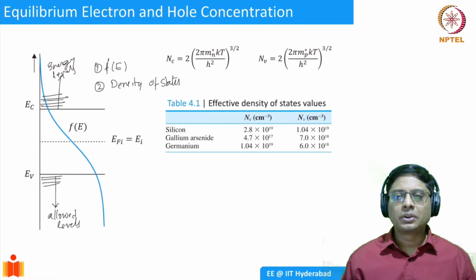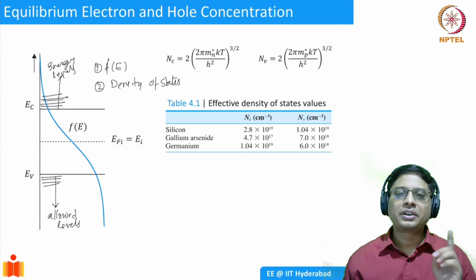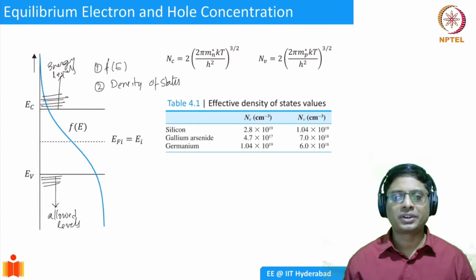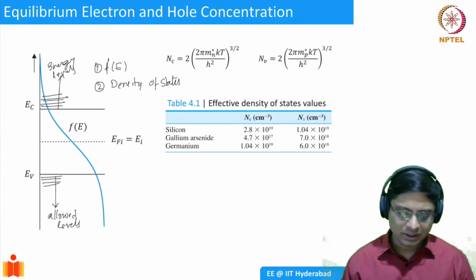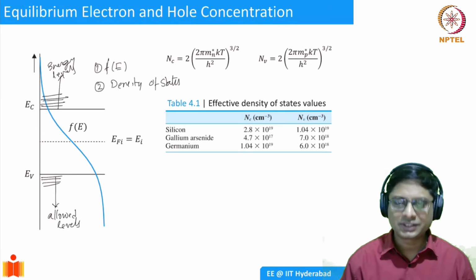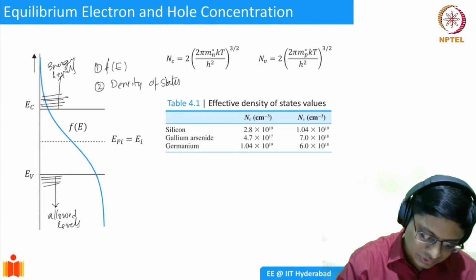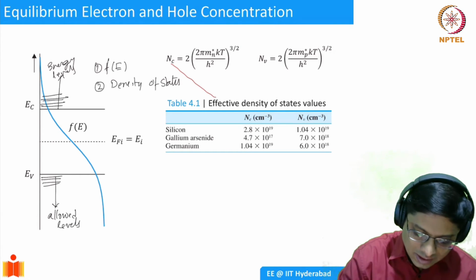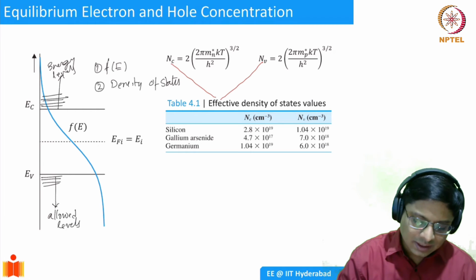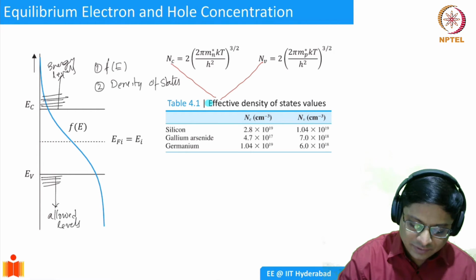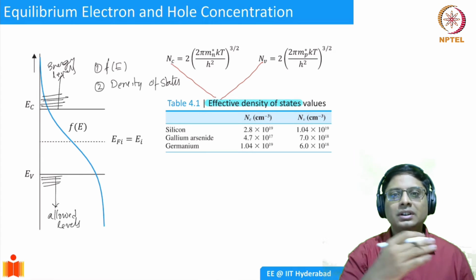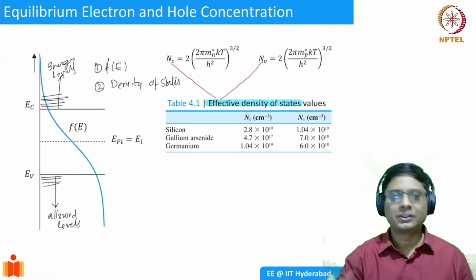These are the two things that are going to impact your carrier densities. So instead of doing all that, we will abstract it out and introduce two quantities here. You should remember these quantities, which we call the effective density of states. The expressions for that are given here. You see NC and NV. NC and NV represent the effective density of states for the conduction band and the valence band respectively.